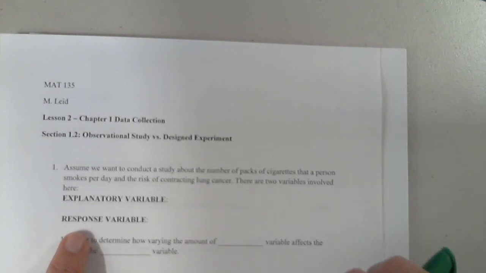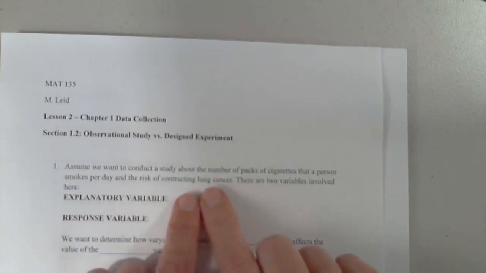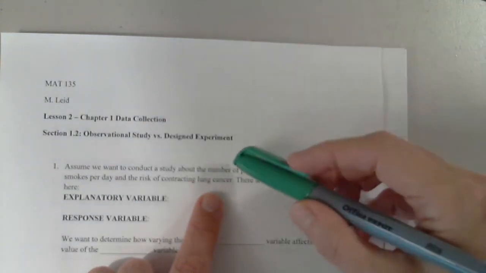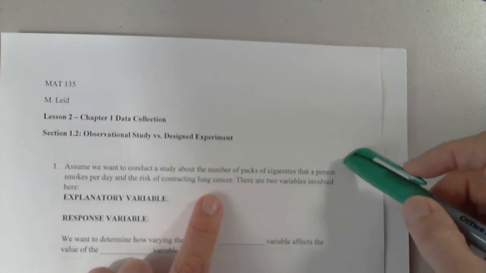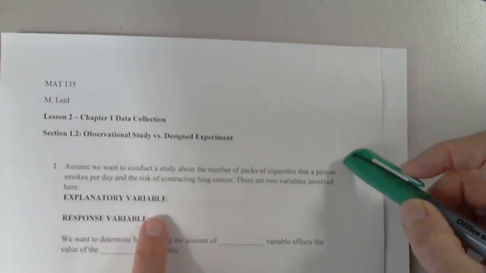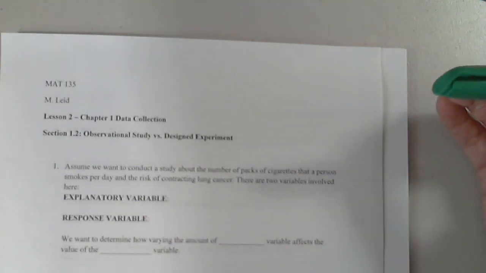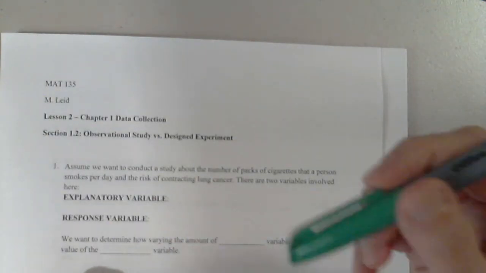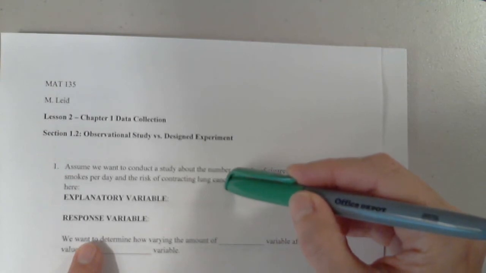No, very good. Oh, that's what I thought you said. Good. No. I said we want to see if a person gets lung cancer based on how many packs of cigarettes that a person smokes per day. So the explanatory variable will be what the person is doing. The response, the result, may be, not necessarily, but may be the lung cancer. Does it make sense?